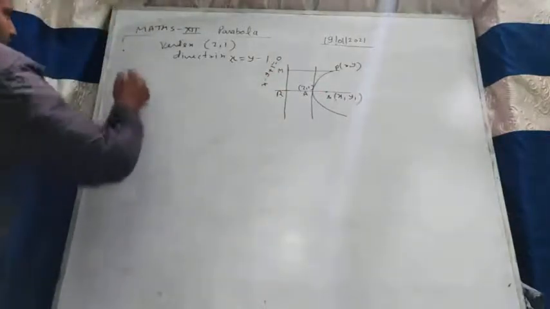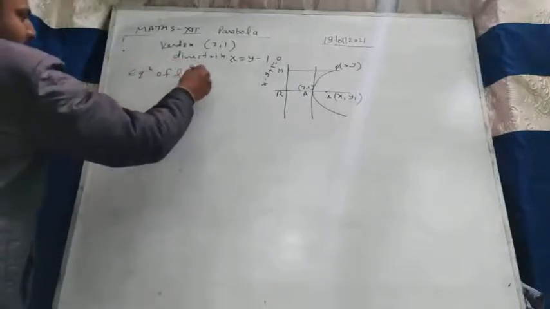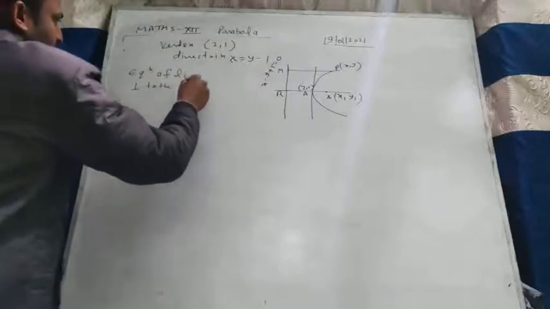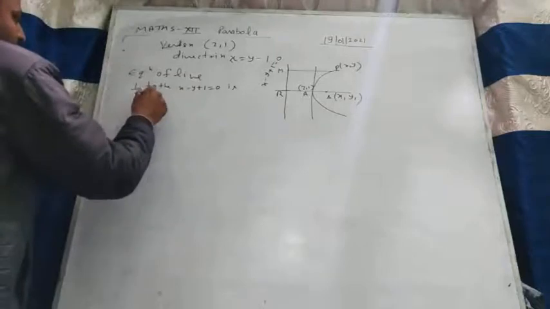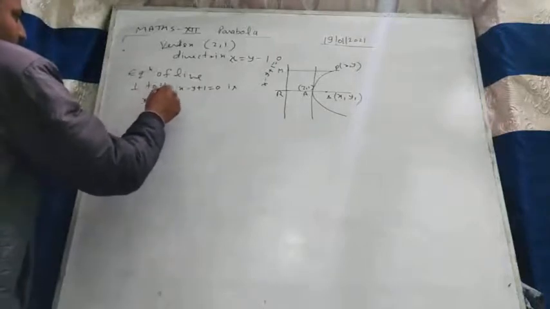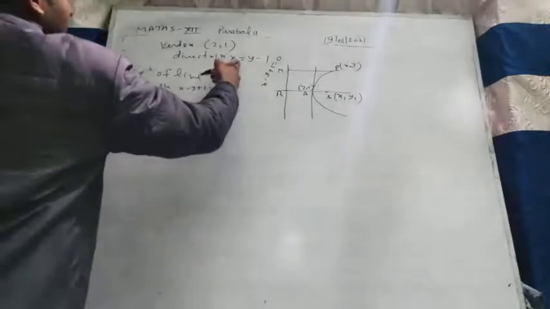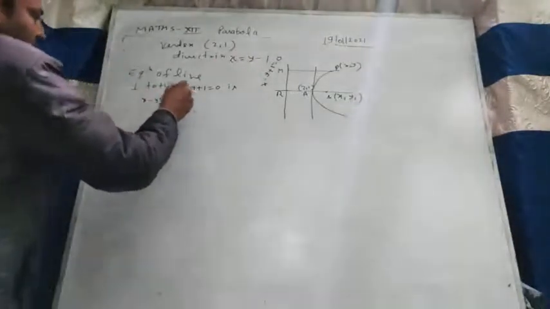So we write the equation of the line perpendicular to x minus y plus 1 is 0, which is x minus y plus, sorry, this is x minus y plus 1 plus lambda is equal to 0, student.